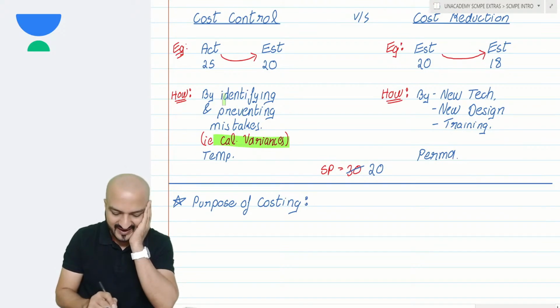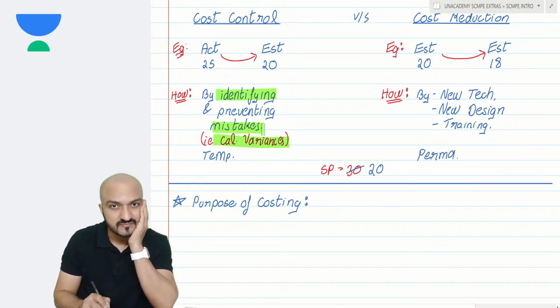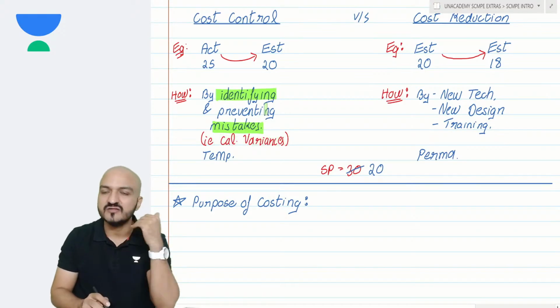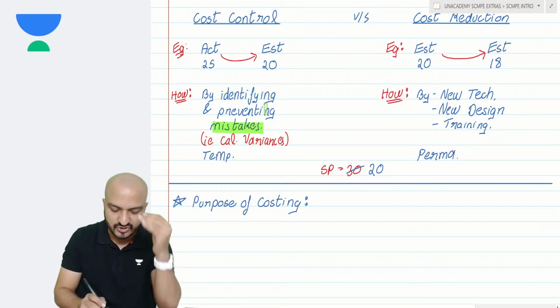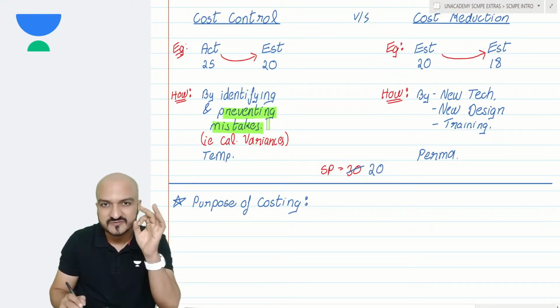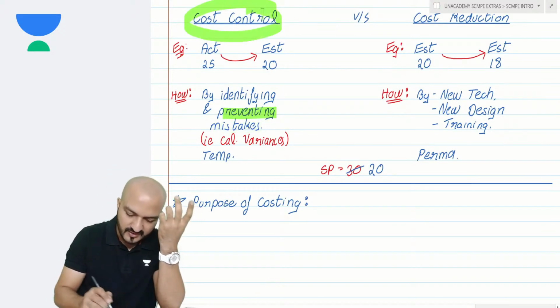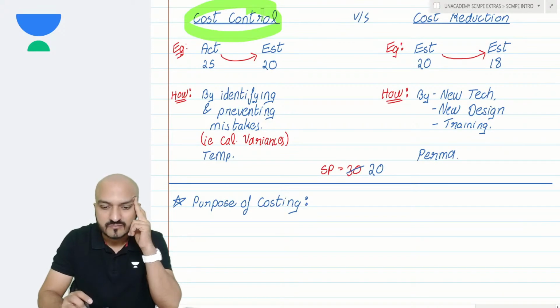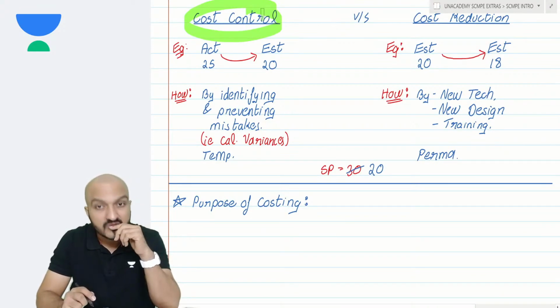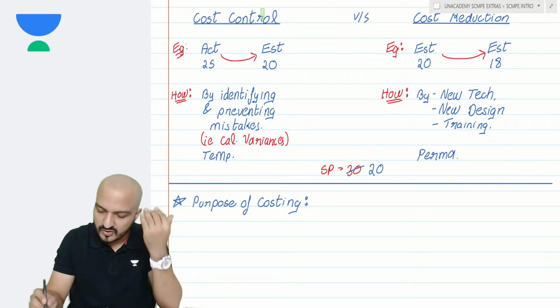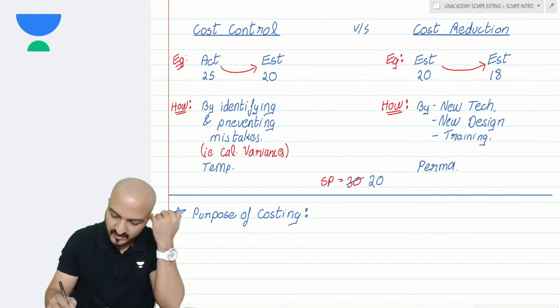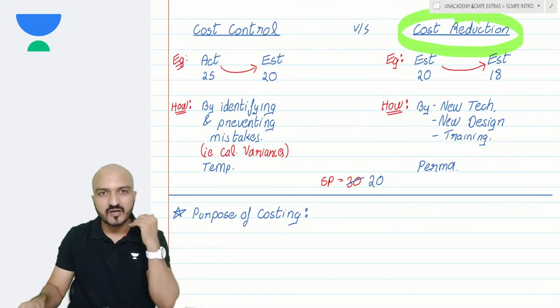You are the person who will identify the mistakes. And then you can tell the production manager and sales manager how to prevent those mistakes. So you have a major role to play when it comes to cost control. But this creates a doubt: what role does a chartered accountant have to play when we talk about cost reduction?